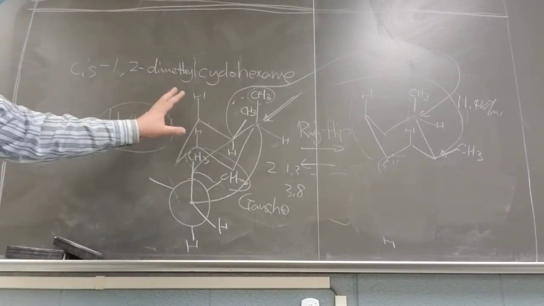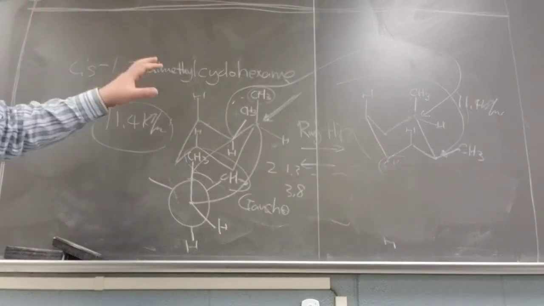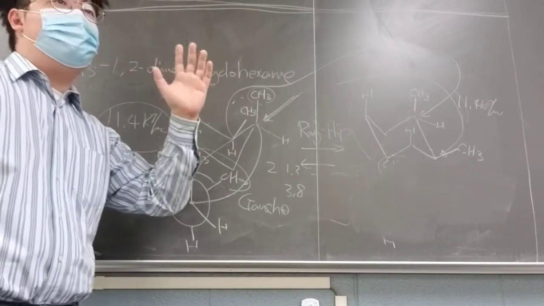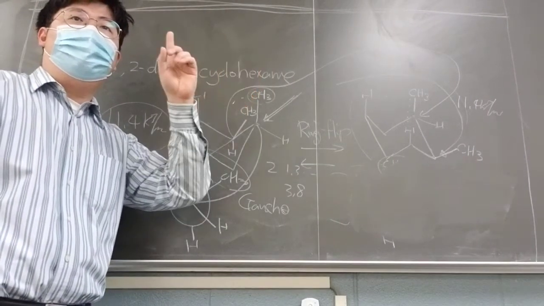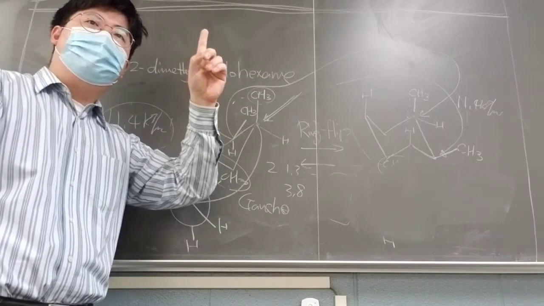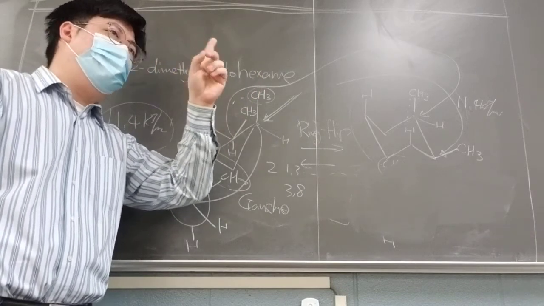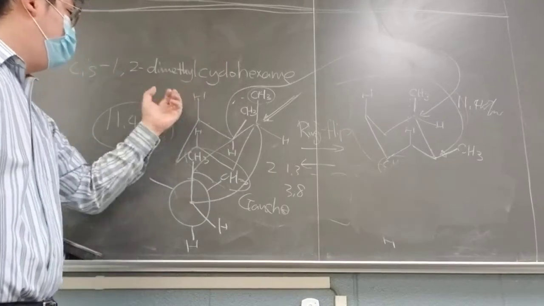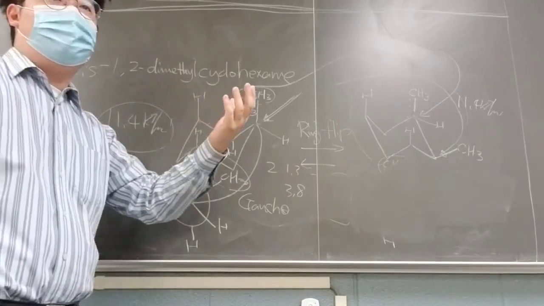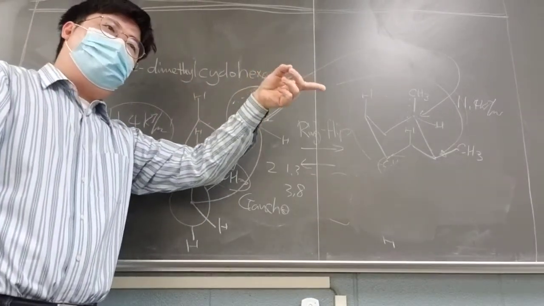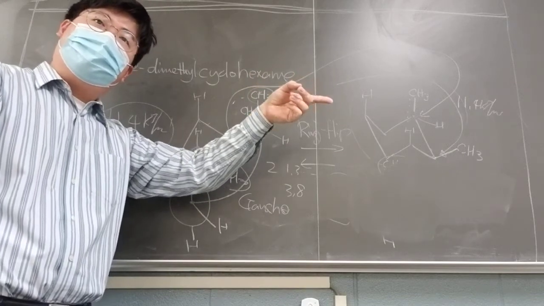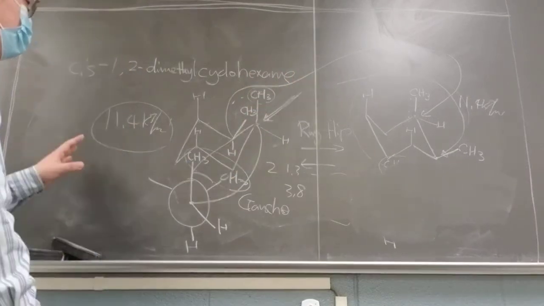So the bottom line here is, when you do the ring flip for just the 1-methyl attached to the cyclohexane, the one that has equatorial position is more preferred, right? Because they can avoid all the discomfort.